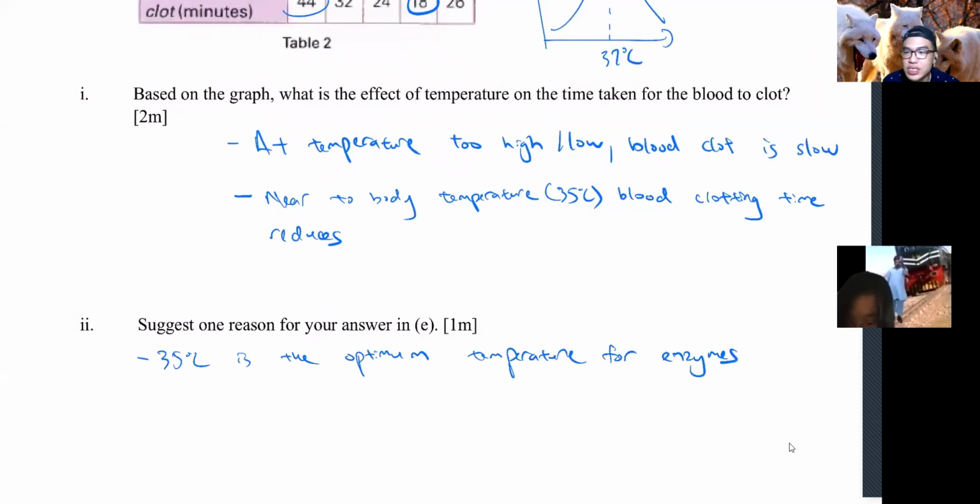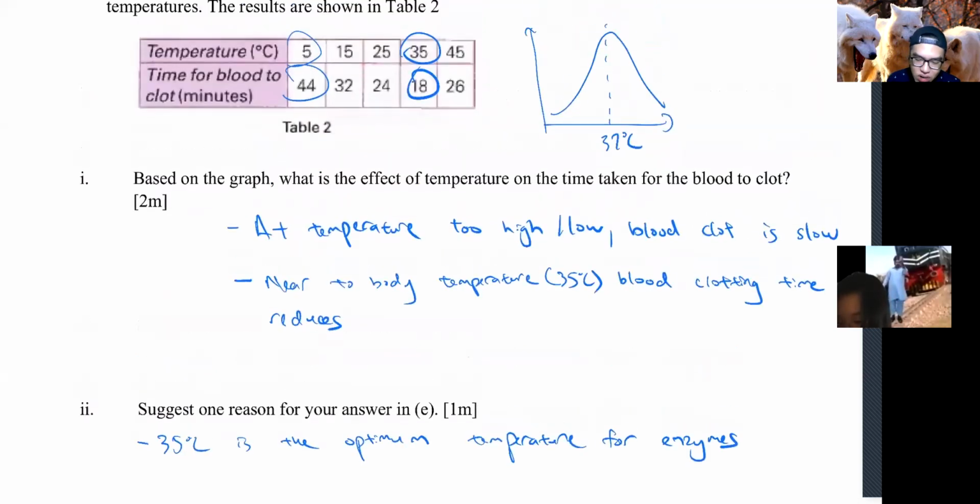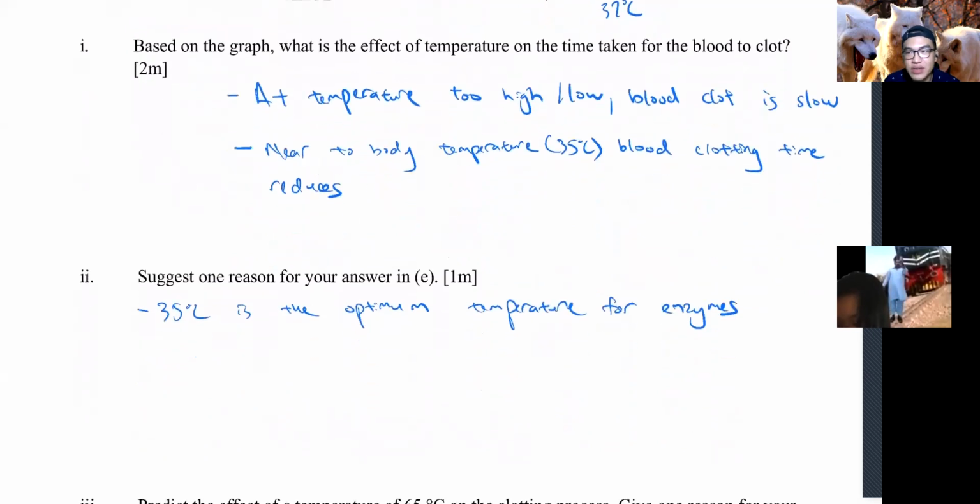You learn this as 37. This one they show 35, it's near, because it's all 10 degrees increments. Of course, they'll give it as 35. Of course 37 is even better, but it's not that much of a difference unless it's like 10 degrees Celsius difference.